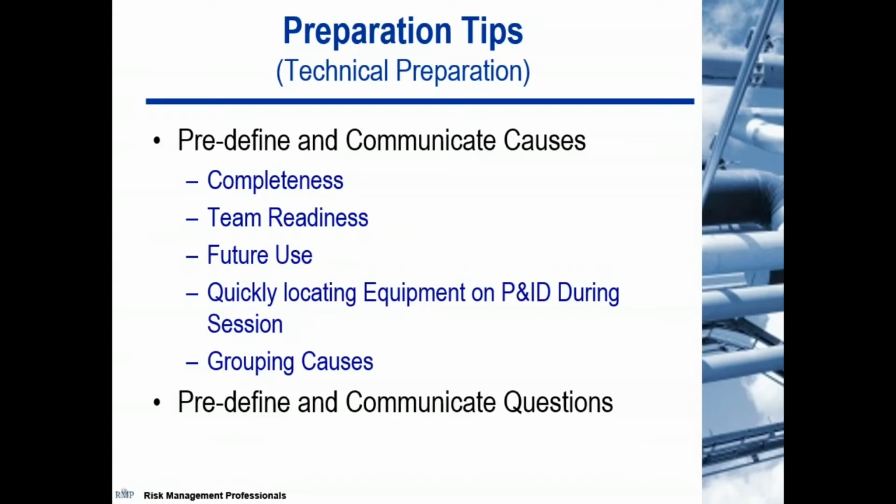Also, from a technical perspective, and this is typically done by the facilitator or scribe, you want to predefine and communicate causes. Doing this up front, I know it's not textbook, provides a framework for the team discussion. You can make sure it's complete, you're not missing key scenarios, helping the team get ready, making sure that it's patterned for future use, being able to quickly locate equipment on the PNID during the session.